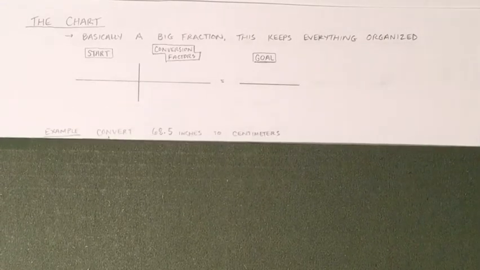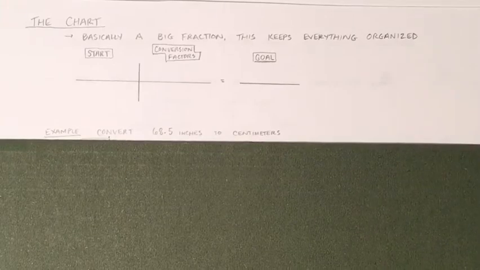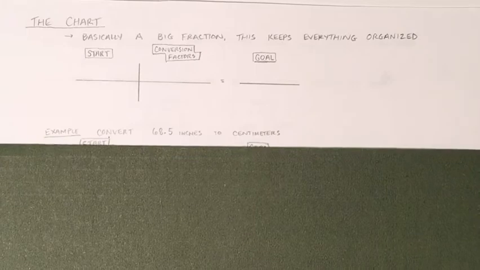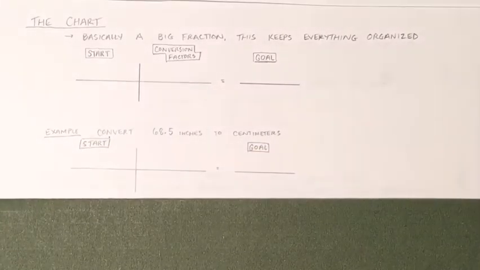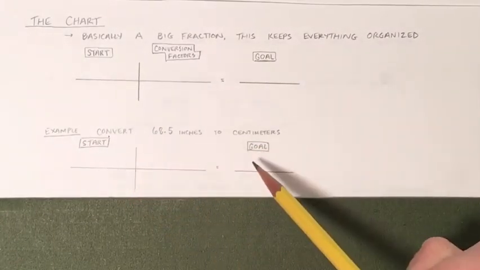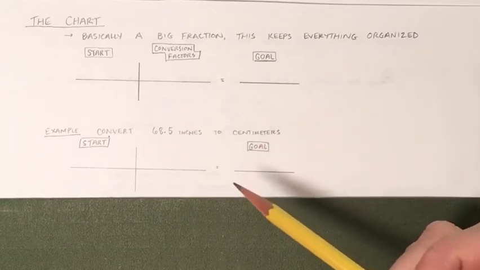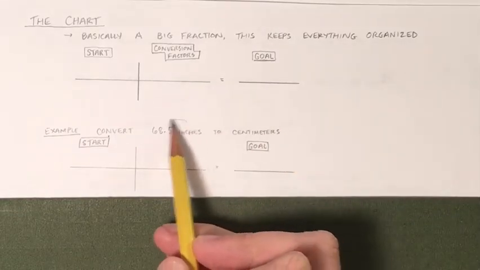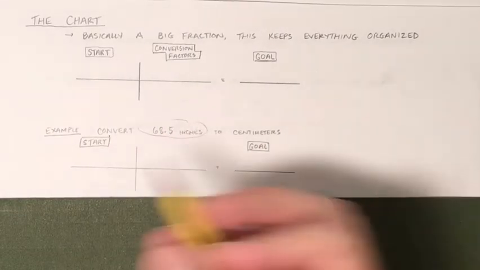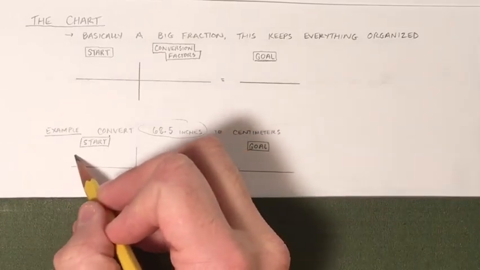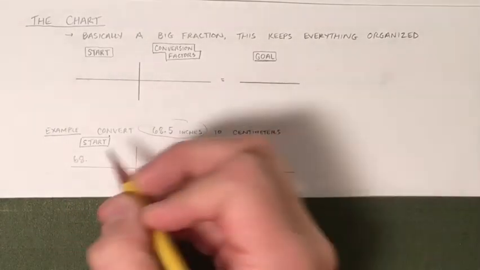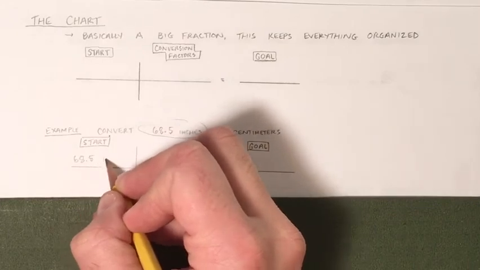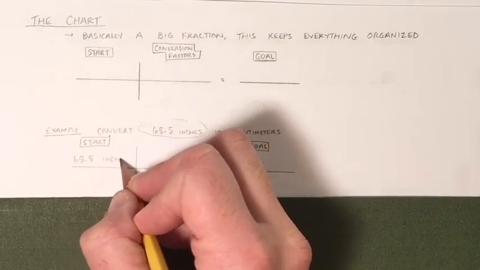Quick example here. If I ask you this question, convert 68.5 inches to centimeters, the first thing we're going to do is set up our chart. So we have our start and our goal here. Our start number is given to us right here in our problem. We're going to fill out this quantity in our start box, 68.5 inches, our number and our unit.